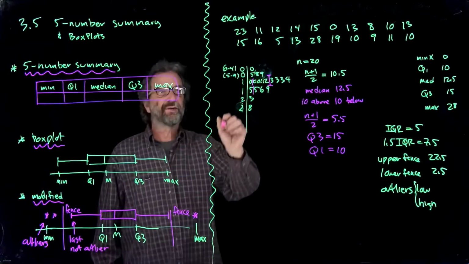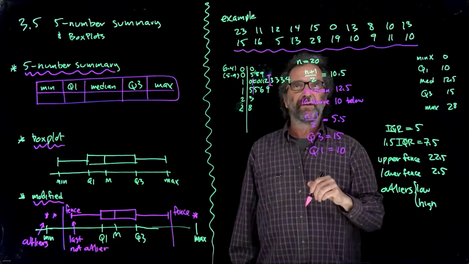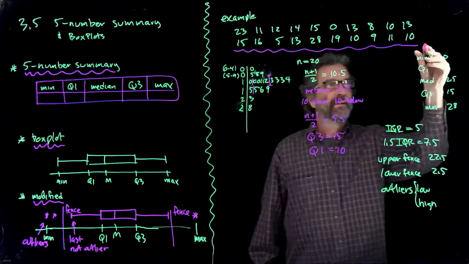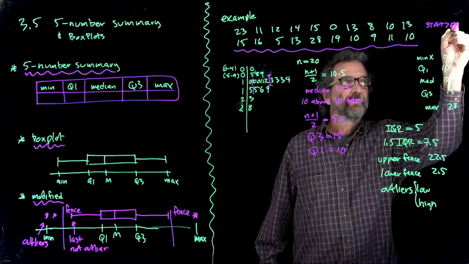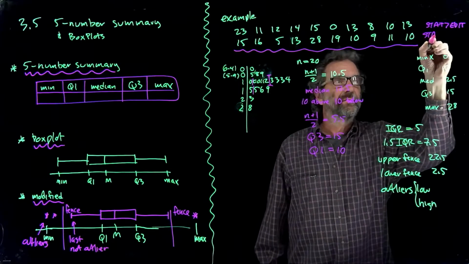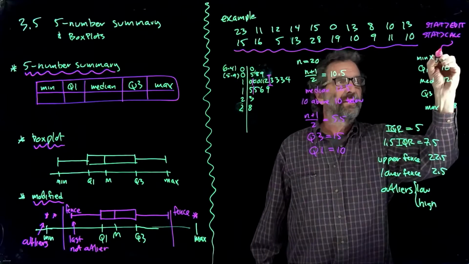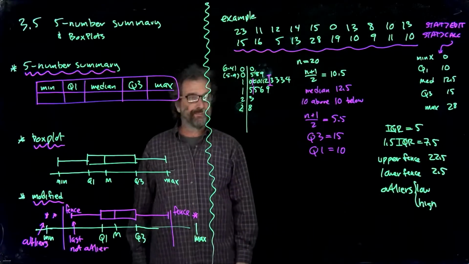We have some data over here that's been cooked up for us, and I typed that in the calculator using stat edit, and then I did stat calc, and out came, among other things, the 5-number summary.